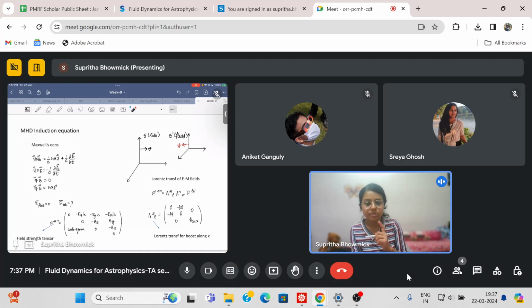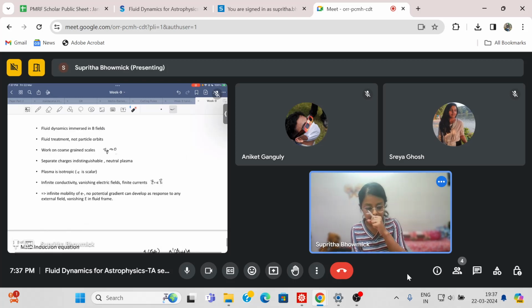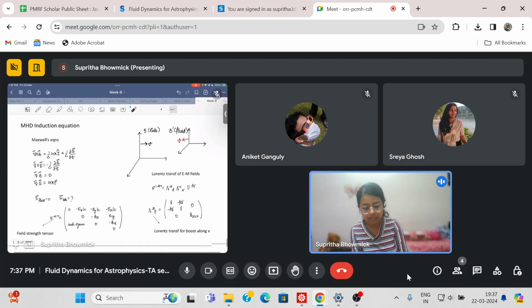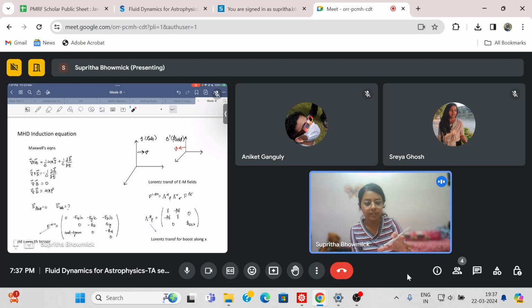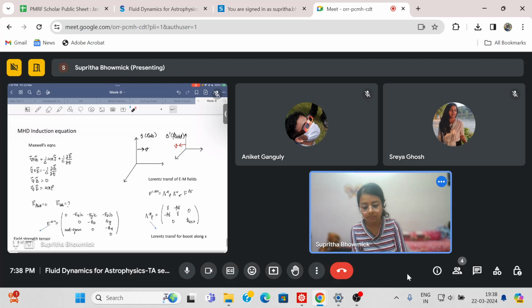Now we want to ask the question, what about the electric and magnetic fields that a lab observer will report about this fluid? This fluid which is immersed in some magnetic field, what will a lab observer report about the electric and magnetic field in this medium? Okay, so we look at Maxwell's equations.